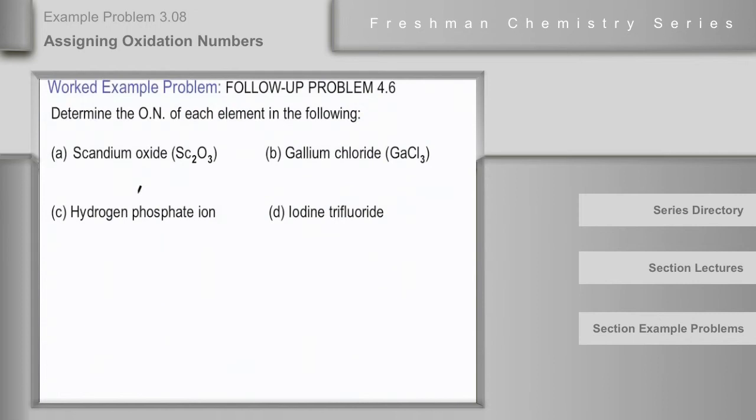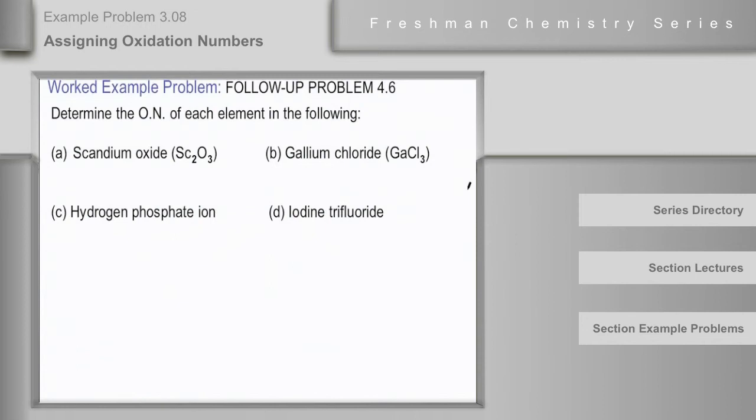In this problem, we are asked to determine the oxidation number for each element in the following compounds. The rules for determining oxidation numbers are discussed in your textbook.